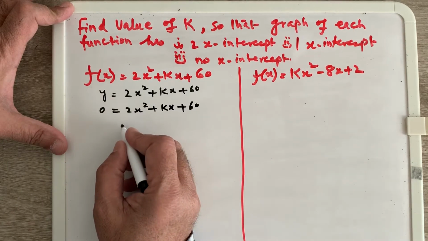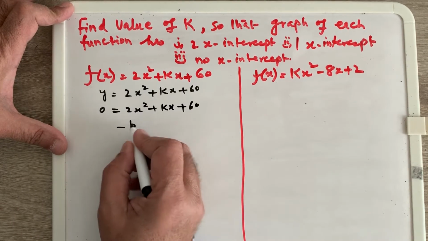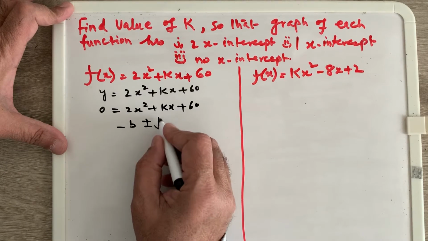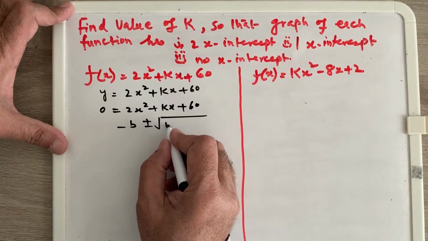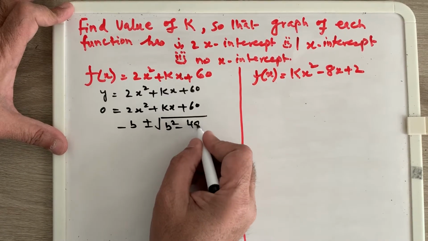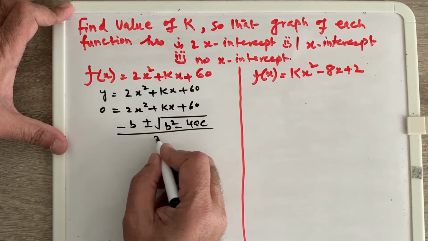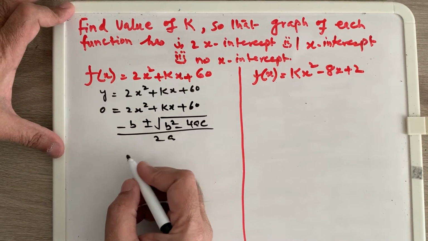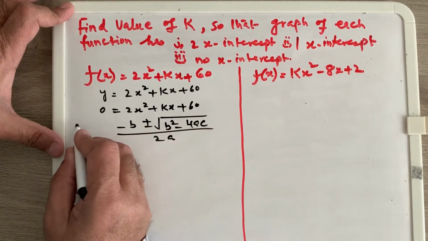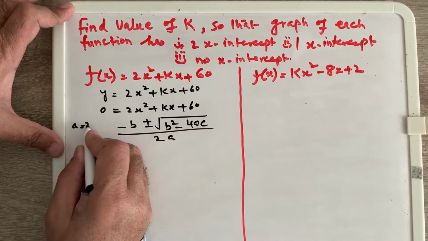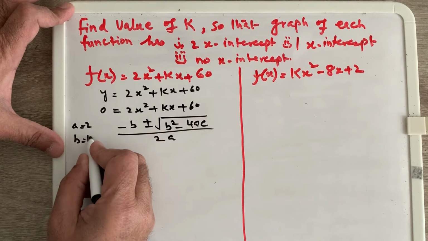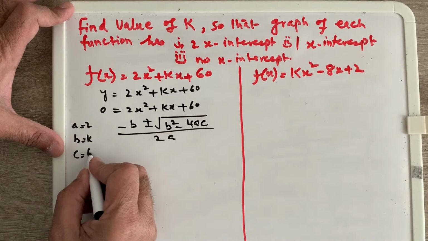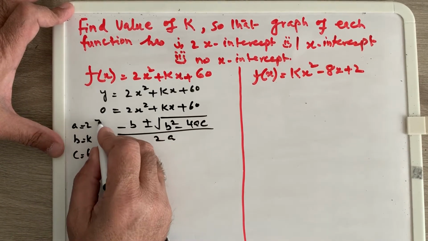And the quadratic formula, we know, is minus b plus minus root of b square minus 4ac divided by 2a. This is my quadratic equation solution. And I can have my values from the equation: a is equal to 2, b is equal to k, and c is equal to 60. These are my values from my given equation.